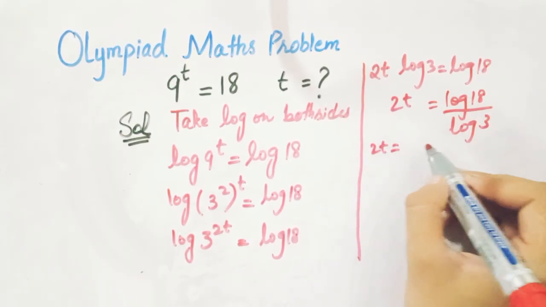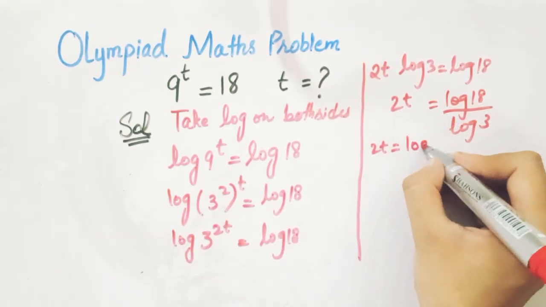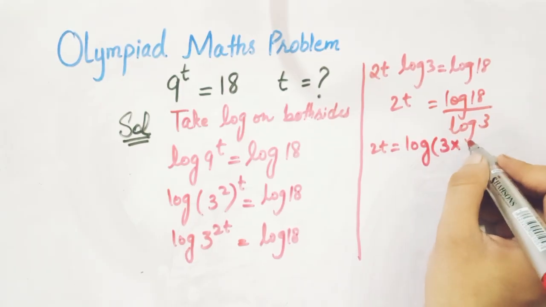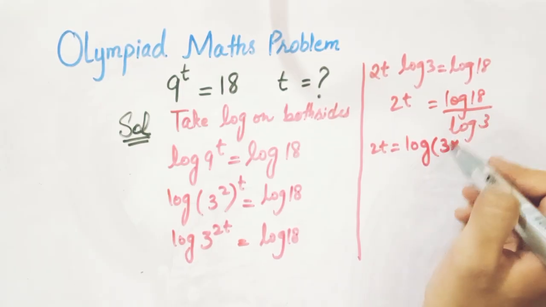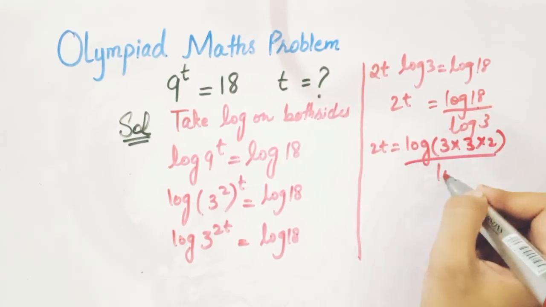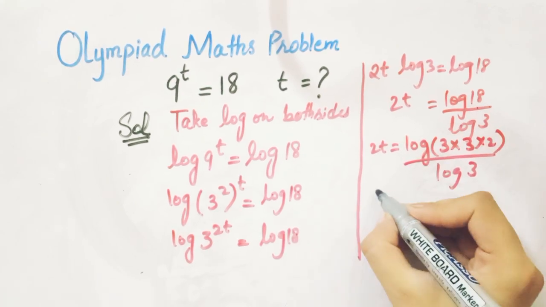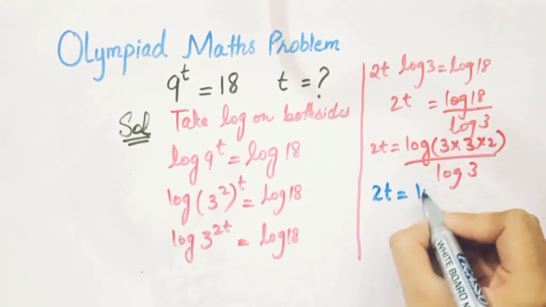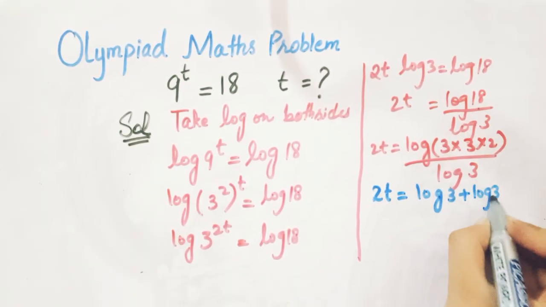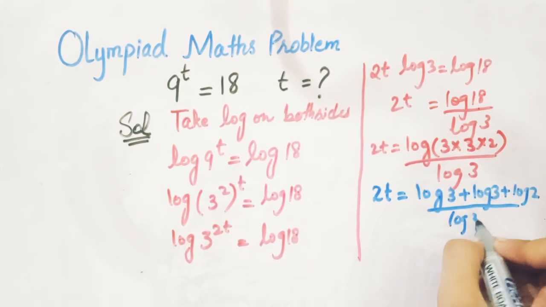2t will equal log of 18, which means log of 3 times 6 is 18, and 6 is 3 times 2, so log of 3 plus log of 3 plus log of 2, divided by log of 3.